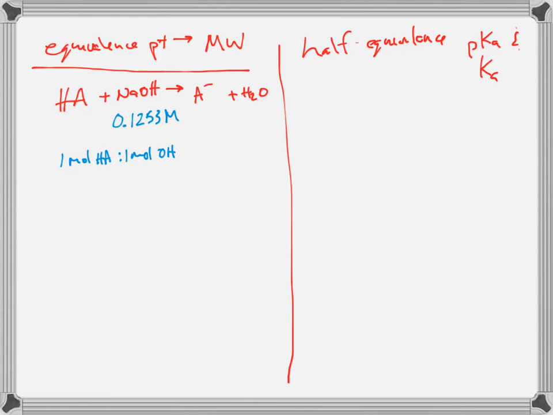What else do we know? We know the volume of NaOH added. What is that volume? This is the calculation at the equivalence point. How did we get to the equivalence point? We added whatever volume our results told us.